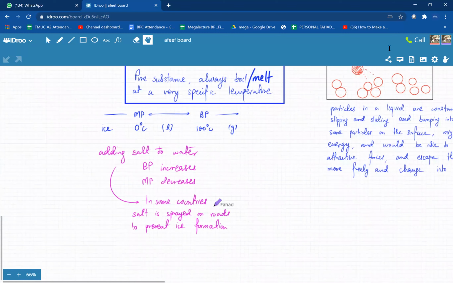So remember this as well. This is about water. I said lots of things that we're going to study would be about water, because everything on planet Earth needs water. Our main solvent is water. Our blood is mostly water.